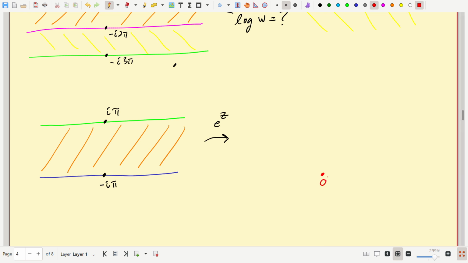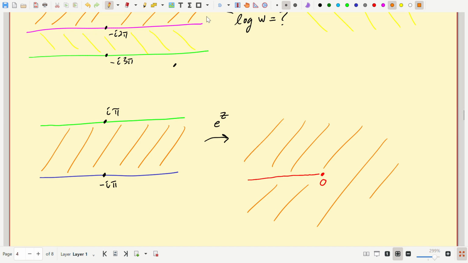And if I don't include those in my boundary of my domain, then I don't have to worry about where those two go. But they both go to the negative real axis. And all the rest of that stuff maps one-to-one onto the whole complex plane minus that little red branch cut. So that red thing is called a branch cut.